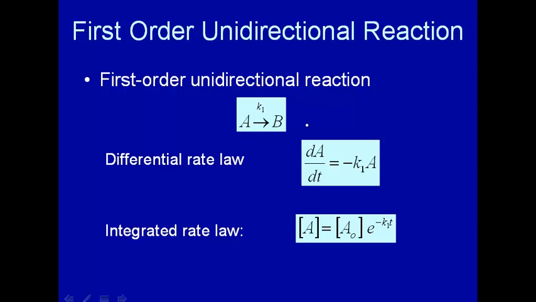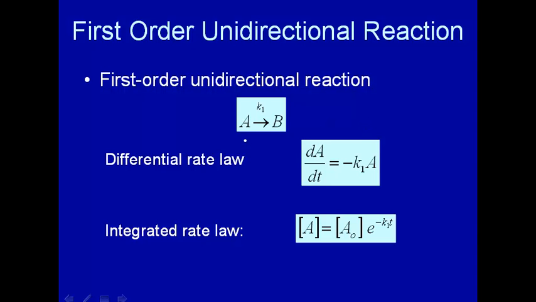Here is the rate. We're writing the rate as dA/dt, and we're looking at how A changes with time. Well, A disappears because of the forward rate here, and the rate then will just be proportional to the concentration of A. The proportionality constant will be k1. So here is the rate constant.